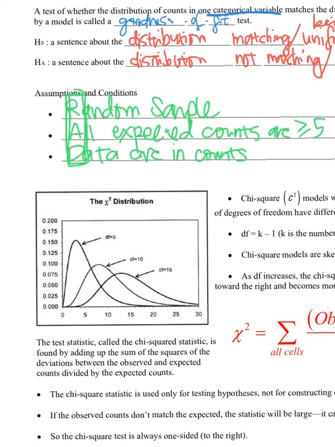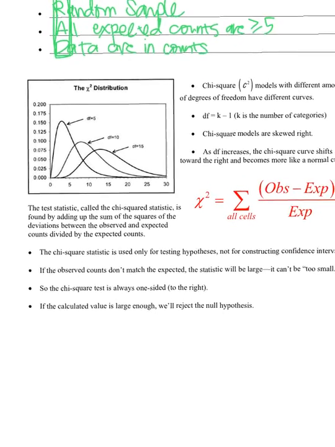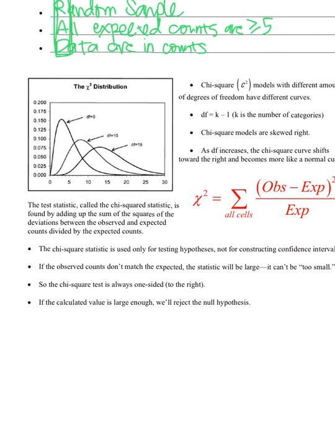Okay, so next would be our statement, and our statement's going to be a little bit different than what we're used to, because instead of doing a normal model or a t-model, we actually have a chi-square model. All right, so here's a picture on the left of what that chi-square model looks like as degrees of freedom increases. So yes, chi-square model also has degrees of freedom.